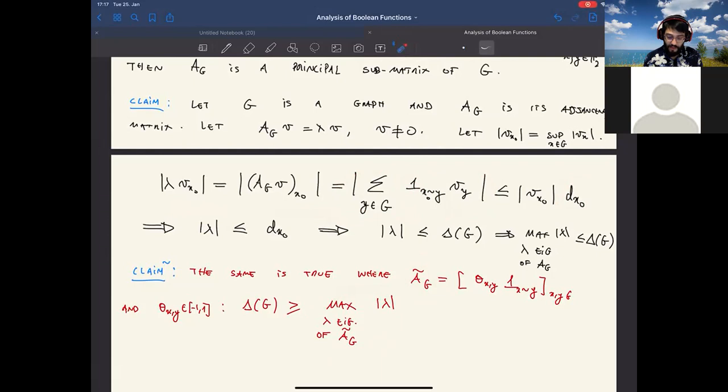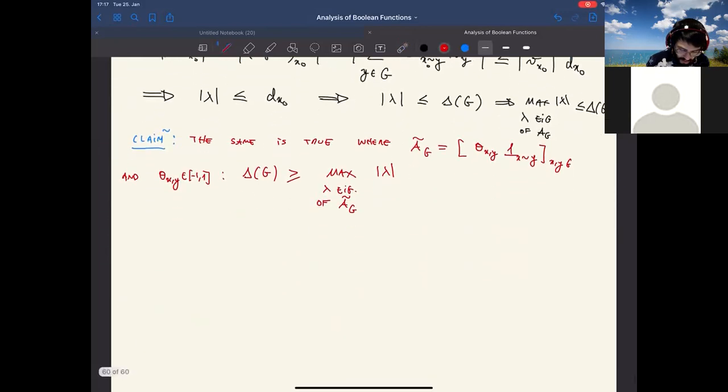So there is a sort of optimization game here. You just put thetas between plus or minus 1, exactly when X is connected to Y in the graph, and you try to maximize the eigenvalue. That would give you a better bound for the degree, a better lower bound. Okay, that's claim tilde.